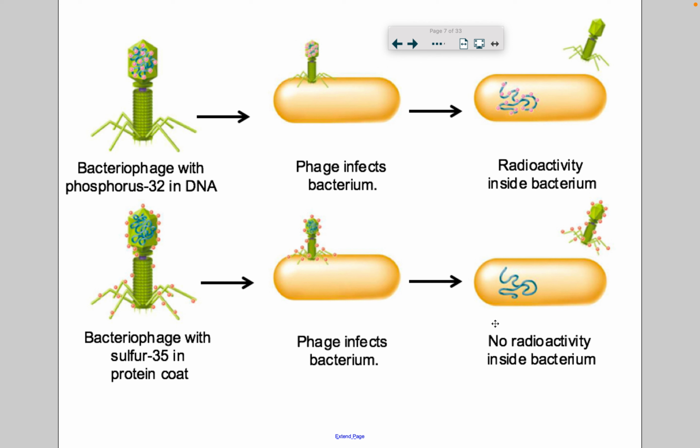If it lit up outside the cell, that means that protein doesn't enter the host cell and doesn't transfer that information. So protein is not the transforming principle. DNA is. There was no radioactivity inside the bacterium from the protein label, so it was concluded that DNA is the transforming principle.